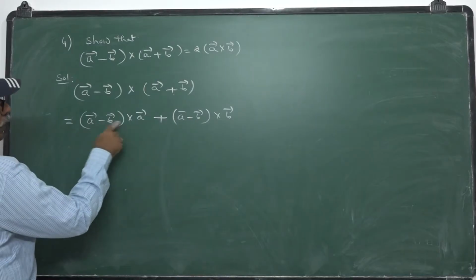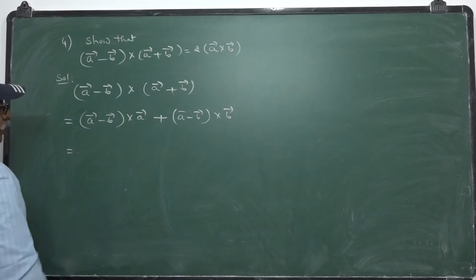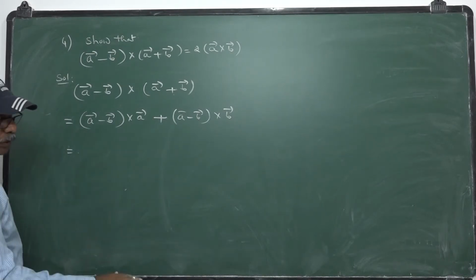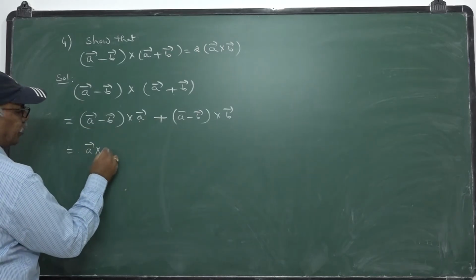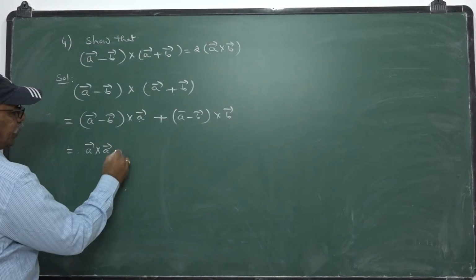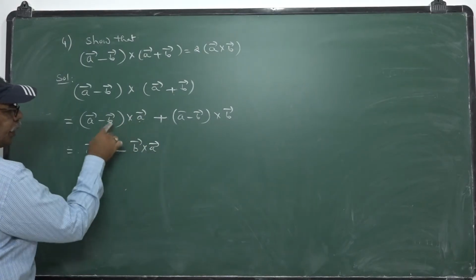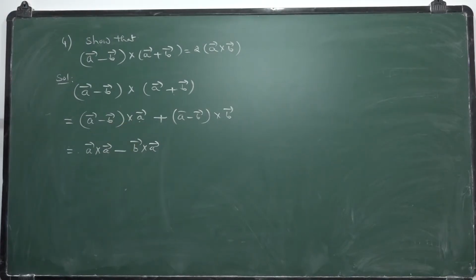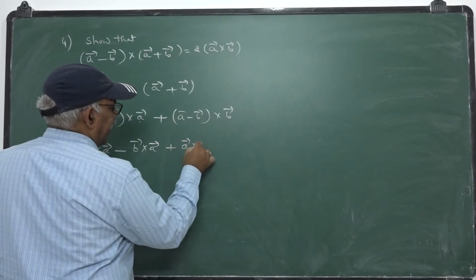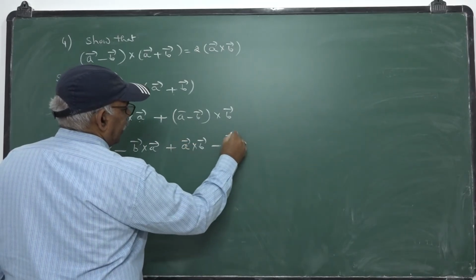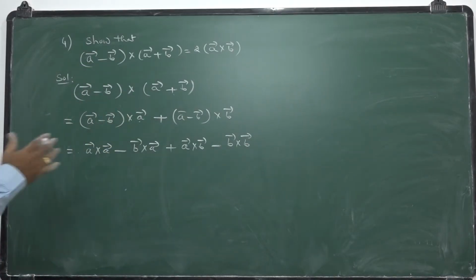Now again apply the distributive law. This is the right distributive law, whereas this is the left distributive law. Right and left distributive laws hold in the case of cross product. So A bar cross A bar minus B cross A. You have to maintain the order. In B cross A, the premultiplier is B, the postmultiplier is A. Similarly here, A cross B. Maintain that order while applying the distributive law of cross product.